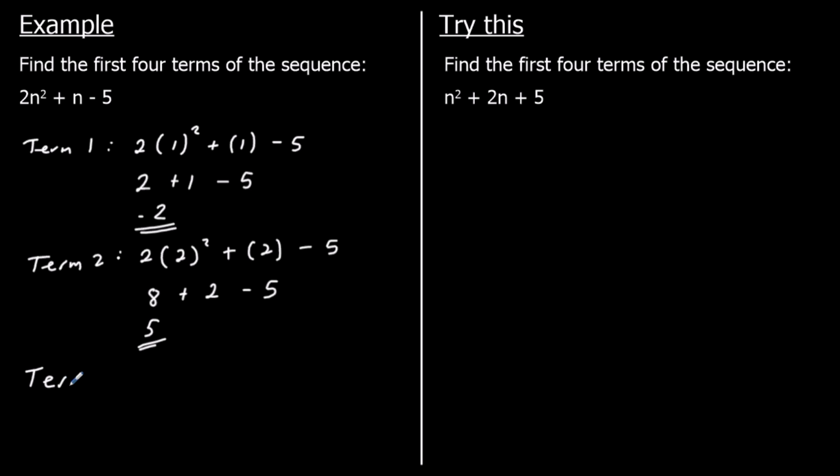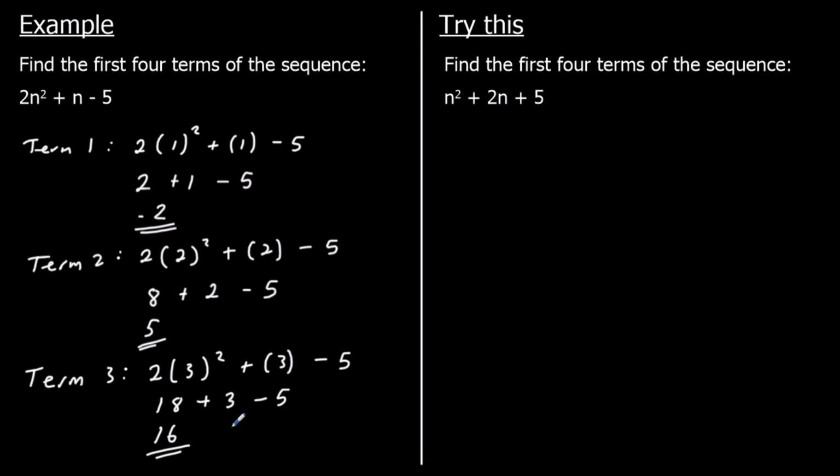The third term is going to be 2 times 3 squared, plus 3 minus 5. 3 squared is 9, 2 9s are 18. 18 plus 3 minus 5, so 21 minus 5 is 16.